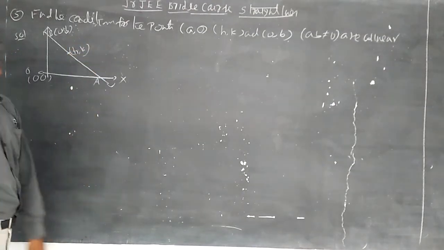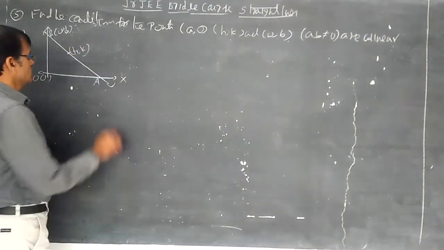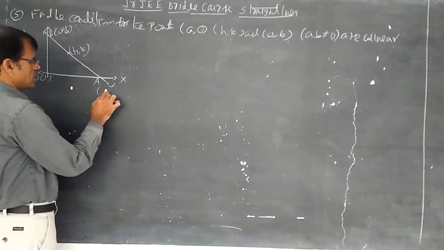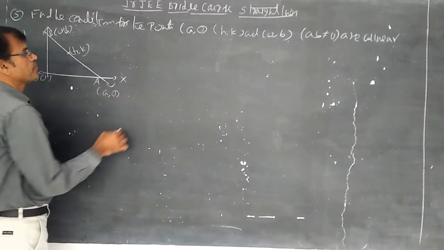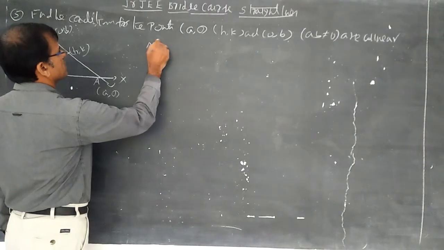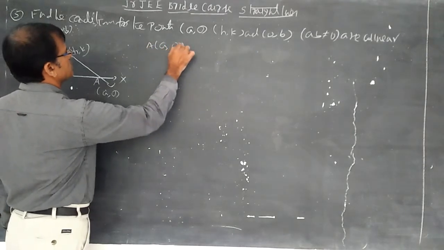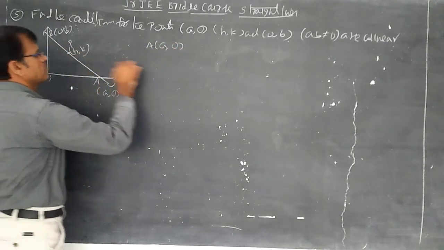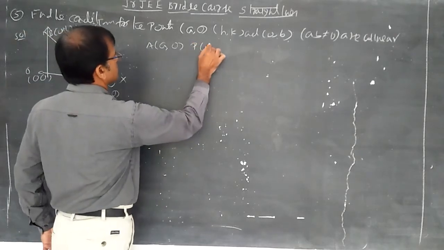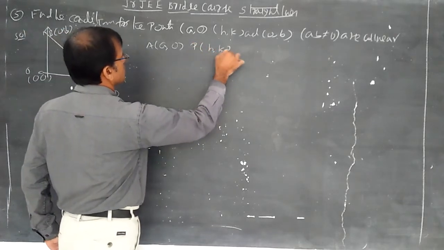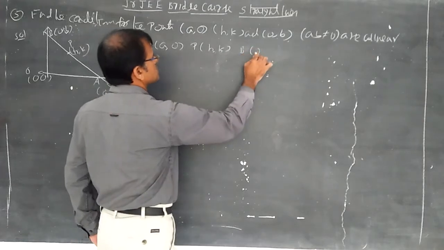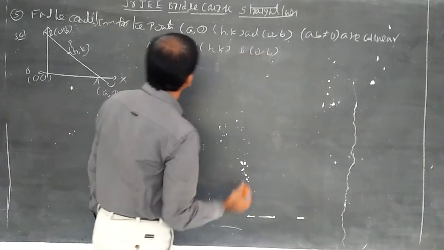Two methods are there. First you write capital A (a, 0), put the point P (h, k), and B (0, b).